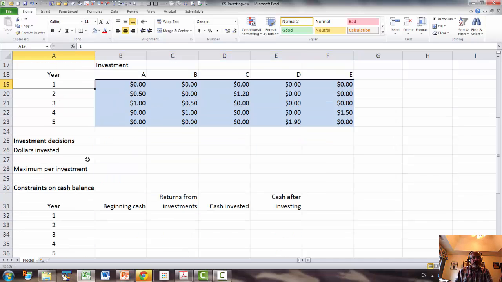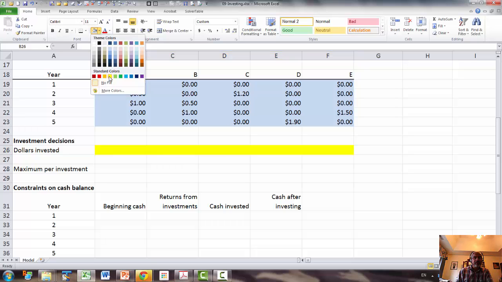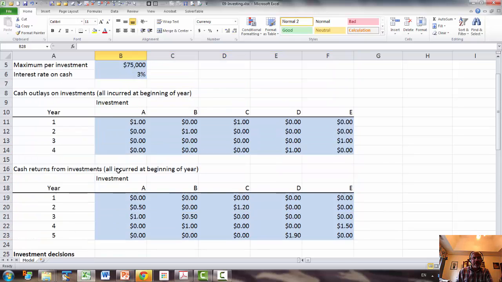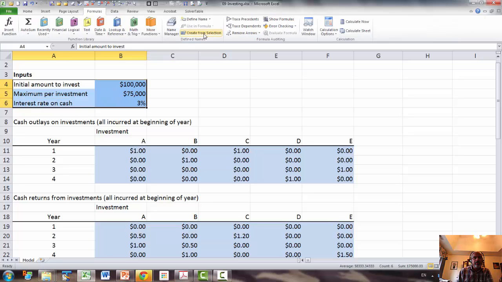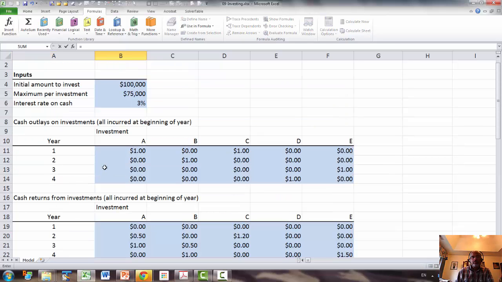So this again is input. Now we have to figure out how many dollars we want to invest in each of these 5 different opportunities available. And the maximum investment allowed is this. So let's give a name here. So that's the maximum allowed.